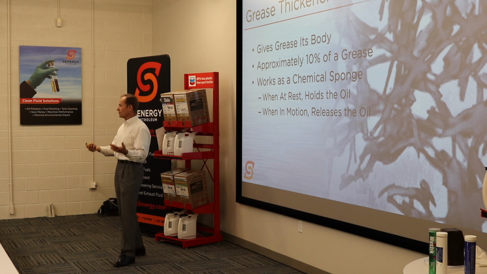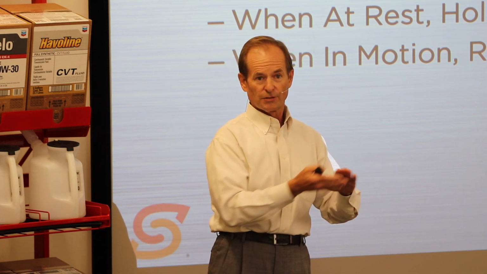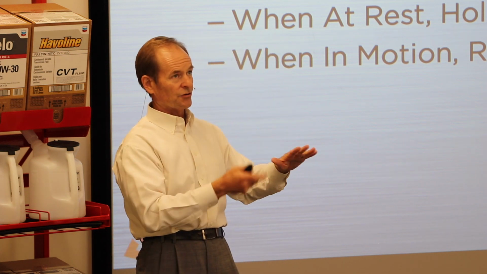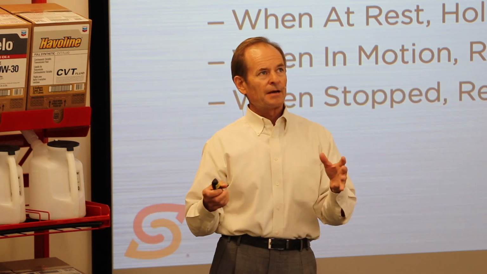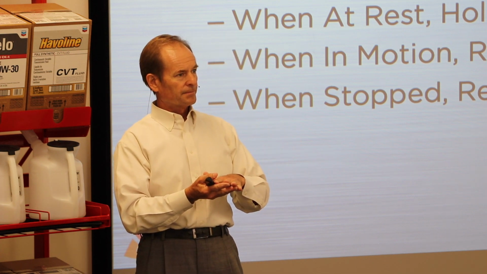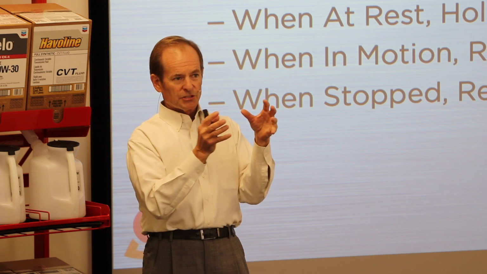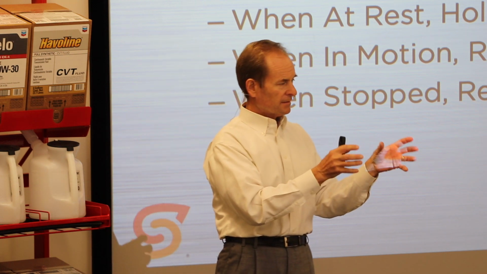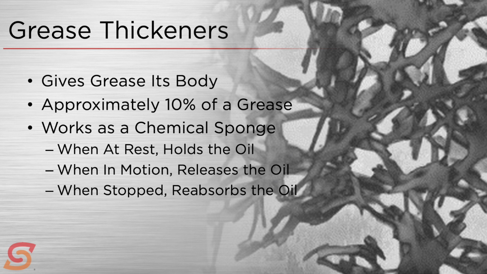It gets between the gear teeth. It gets between the 2 slide plates where it needs to go. It's being released because it was shearing. And then when the motion stops, our chemical sponge reabsorbs the oil. Takes it back up, and now it's back in place, living to lubricate another day. All right? That's the magic of grease.